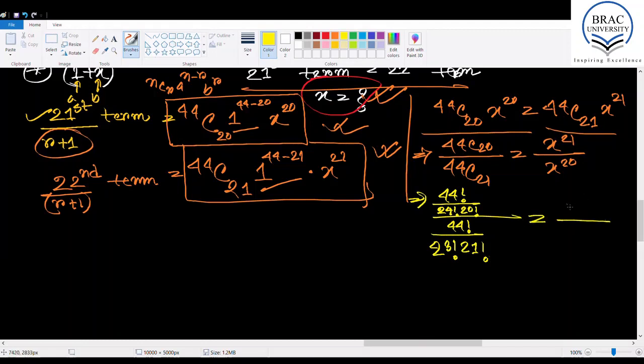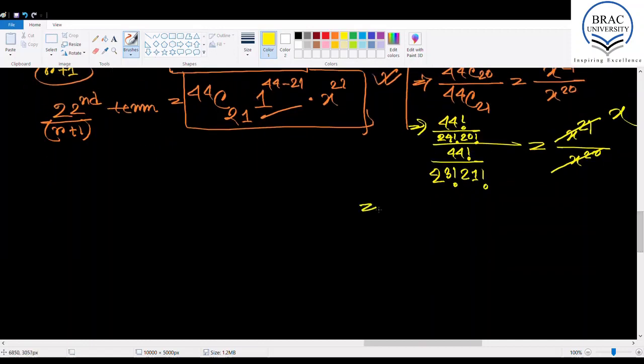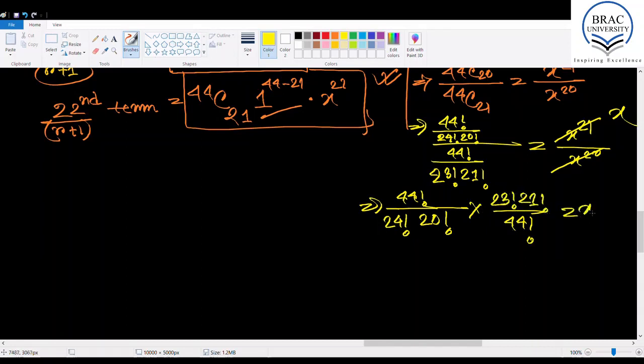And this will be x to the power 21 divided by x to the power 20. If we cancel, then we'll be left with x. So eventually what we'll get is 44 factorial, 24 factorial, 20 factorial divided by 44 factorial here, and upward on the upper side is x.